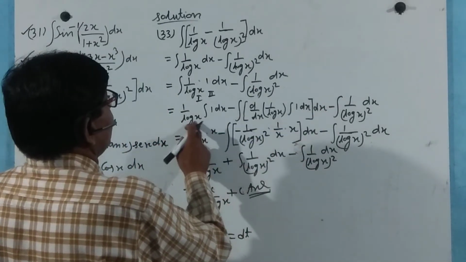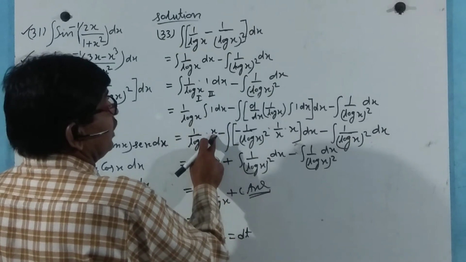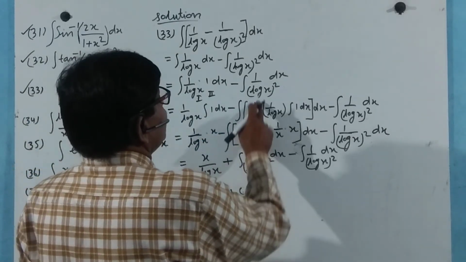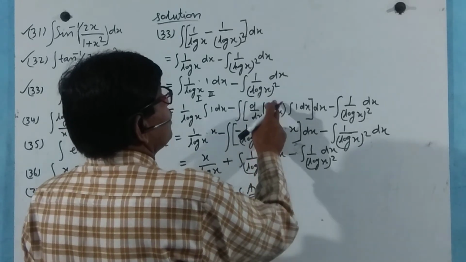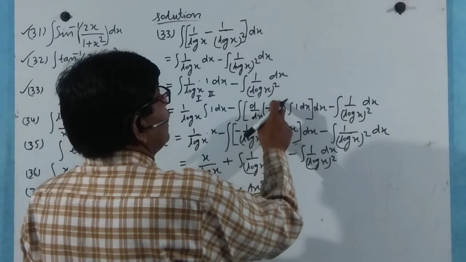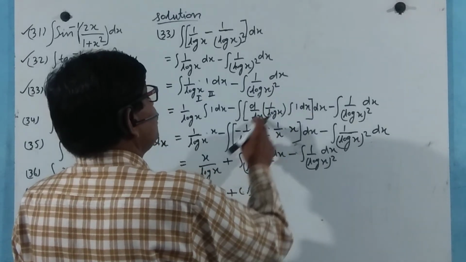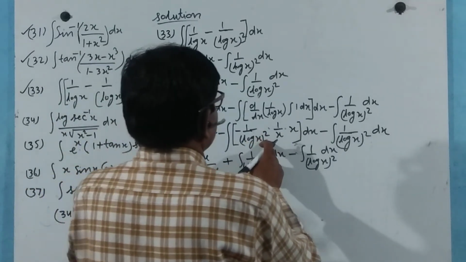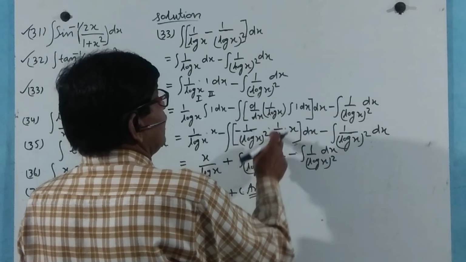Now here, 1 by log x into the integration of 1 dx, which is equal to x, and in this case d by dx of the differentiation of 1 by log x comes as minus log x to the power minus 1, n x to the power n minus 1, and this is equal to minus 1 by log x to the power 2 into 1 by x.